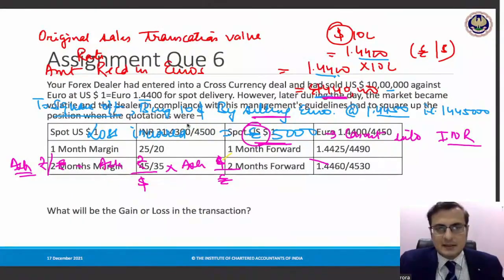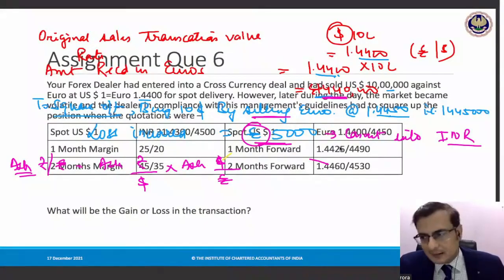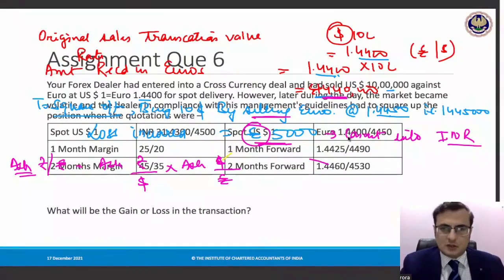Next, let's move to the next sheet. Rates, have you seen? So this is 31.4500, and 1 by bid will be 1.44.